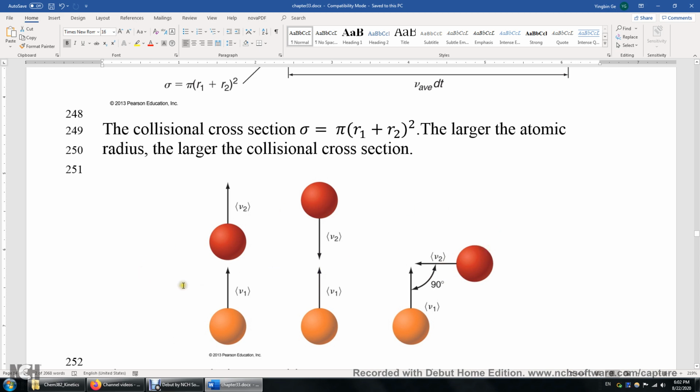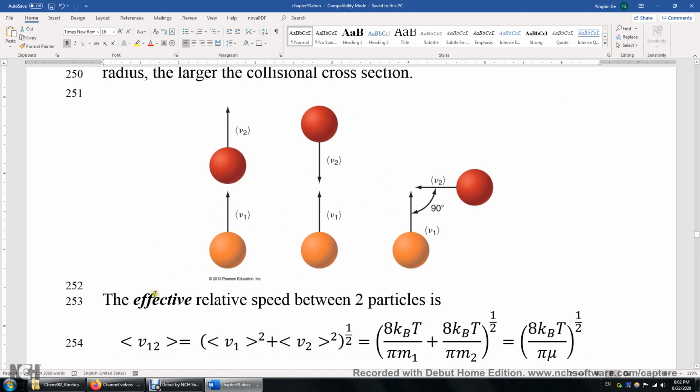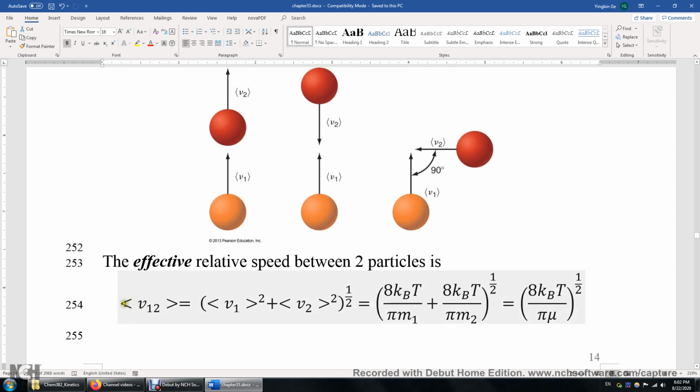So if we consider all possible scenarios, we'll get the so-called effective relative speed between these two molecules or particles. It's this: the average relative speed is the square root of the sum of v1 squared and v2 squared. v1 is the average speed of type 1. v2 is the average speed of type 2.